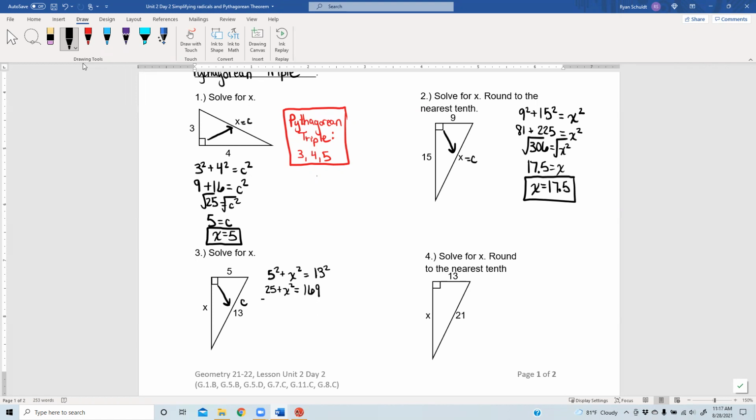So I need to move this 25 over by doing the opposite. Subtract 25. So give me x squared equals 144. Then I can square root it. And you get x equals 12.